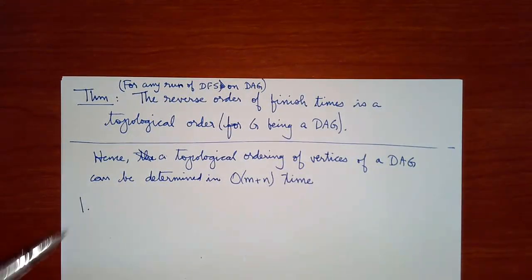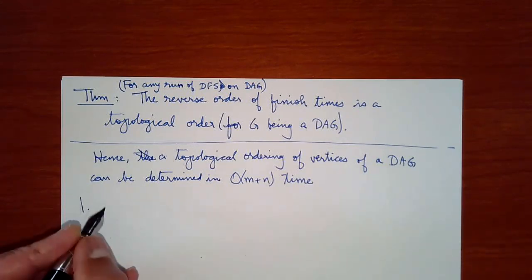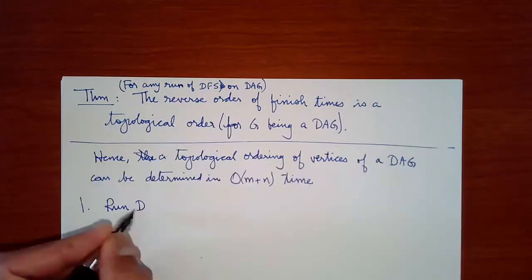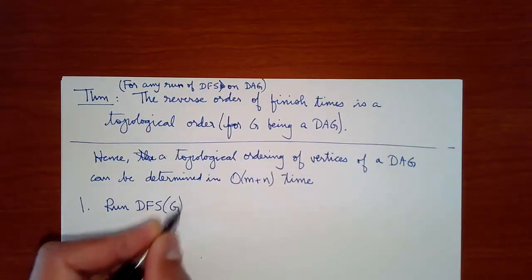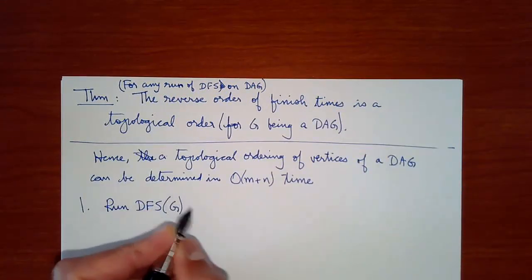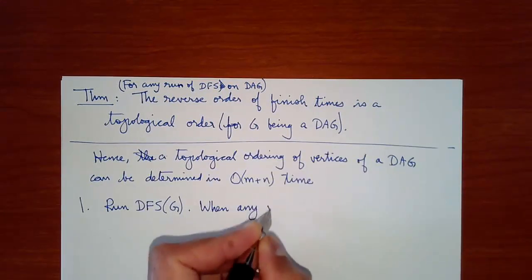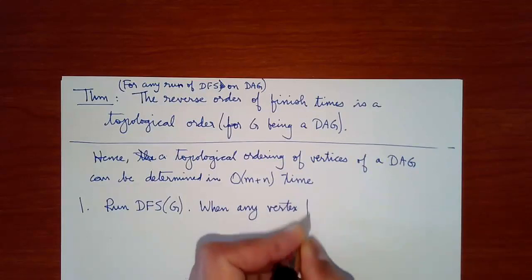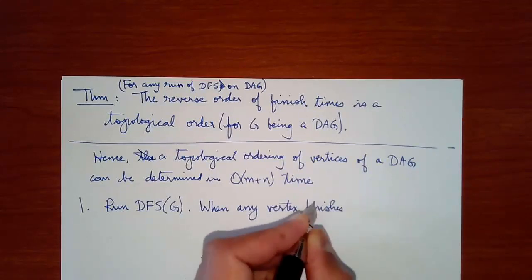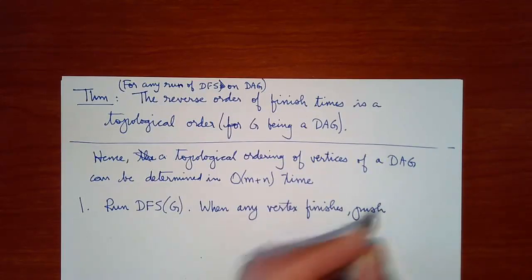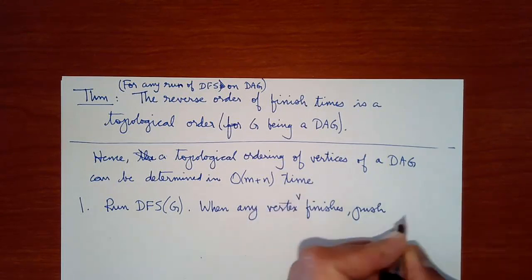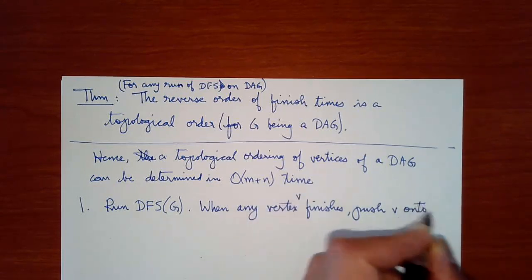Technically, you could of course sort the finish times, but then the sorting might take you n log n. So you could do it a little bit more carefully by running DFS of G, and when any vertex V finishes, you push V onto a stack.